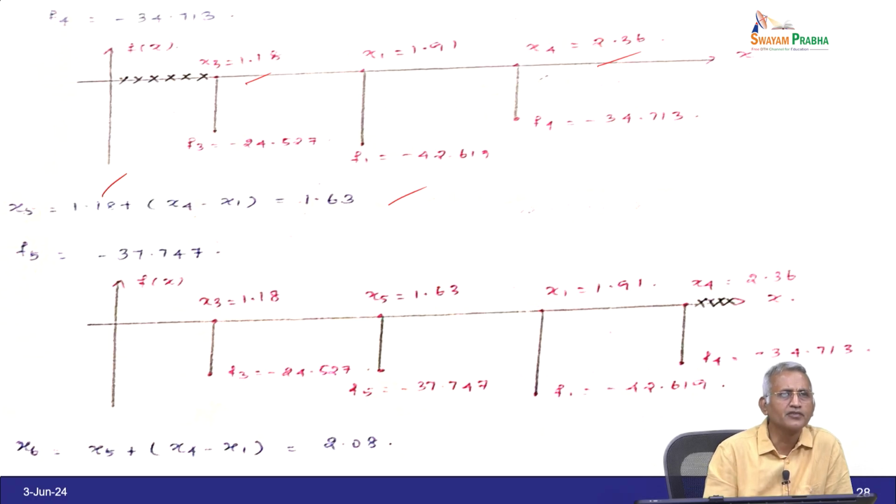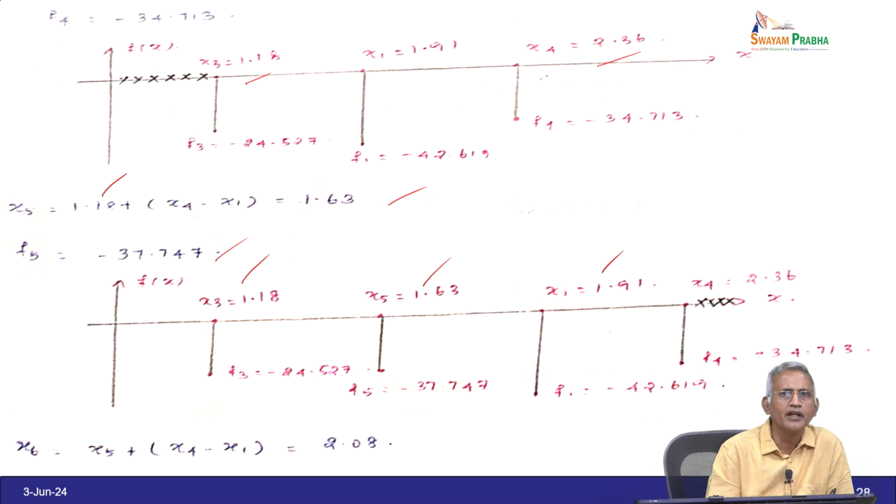So, f of x5 is f5 equal to minus 37.747. So, in the two-dimensional graph, x3 equal to 1.18, x5 is 1.63 and x1 equal to 1.91. So, comparing, x3 is lesser than x5 and x5 is lesser than x1 and x1 is lesser than x4.